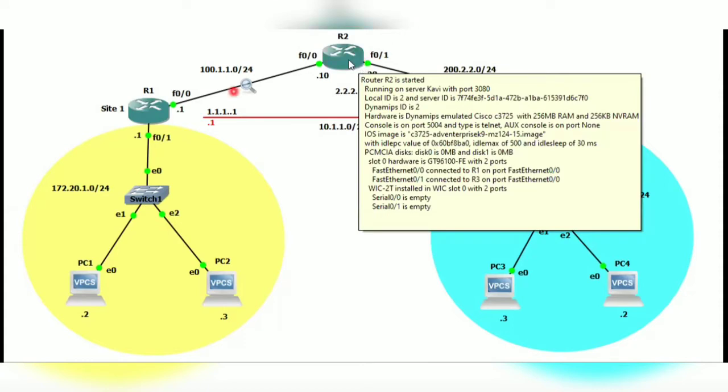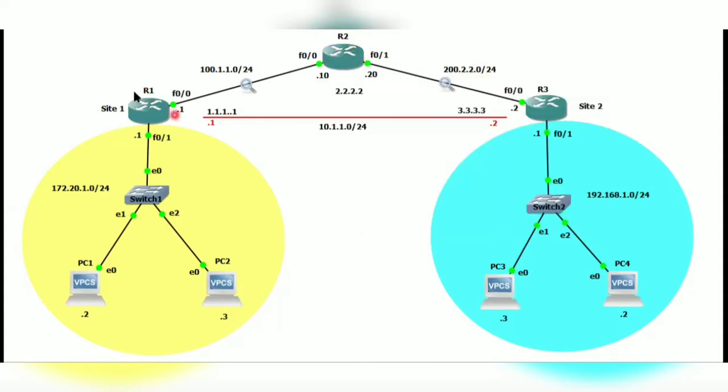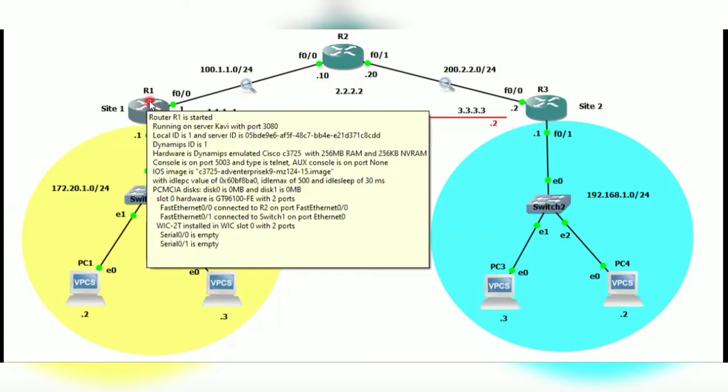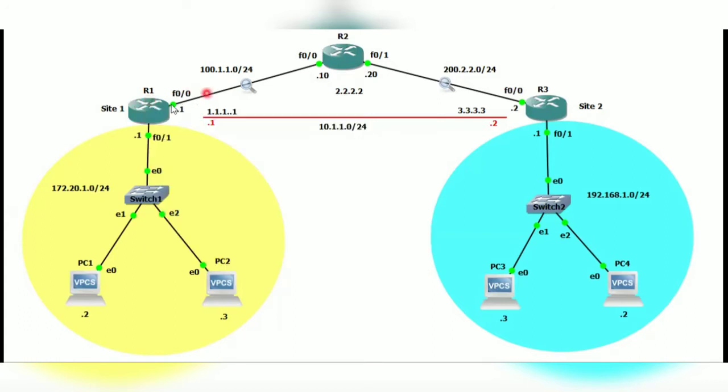The information between R1 and R3 is traveling via R2, so R2 can see the data. In order to prevent R2 from tampering with our data, we are going to encrypt it, so R2 cannot see any information. That is our purpose: to secure and encrypt our data.